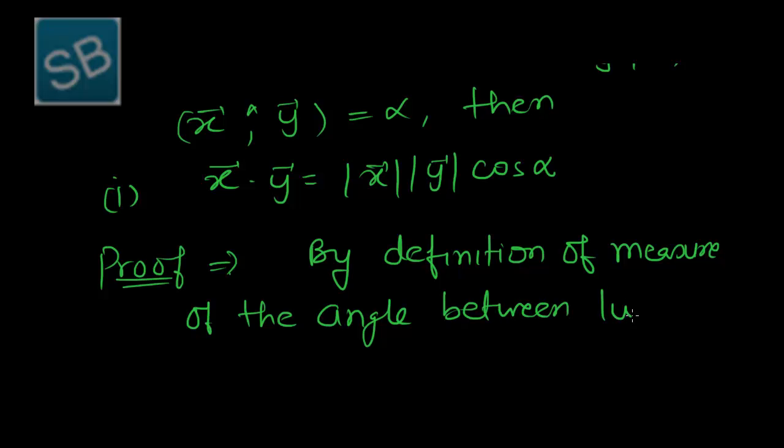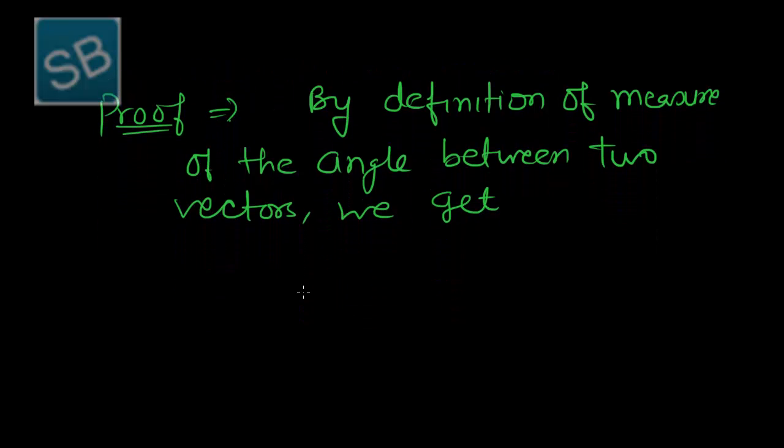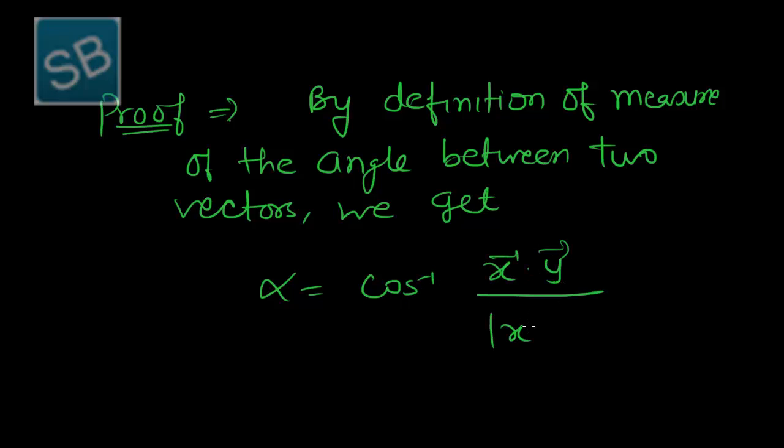between two vectors, we get alpha is equal to cos inverse of x dot y over modulus x into modulus y.